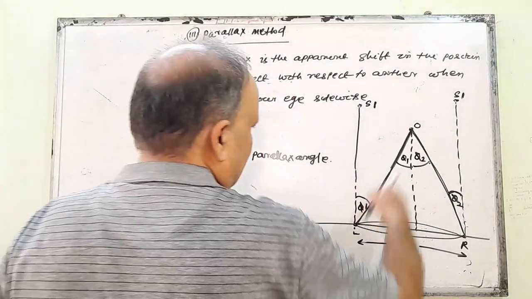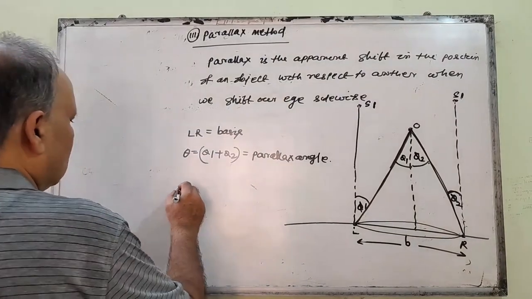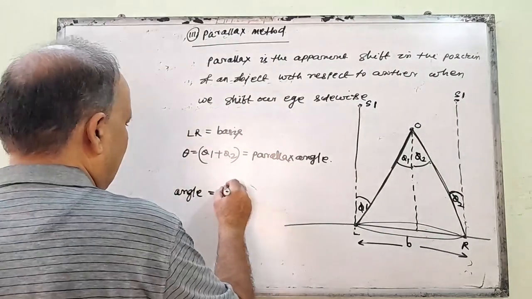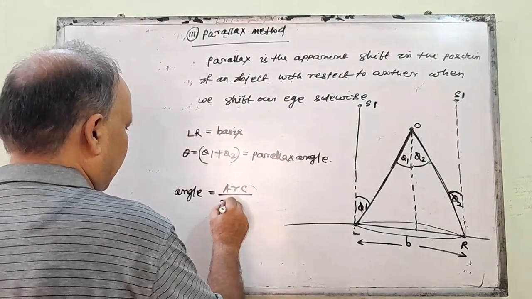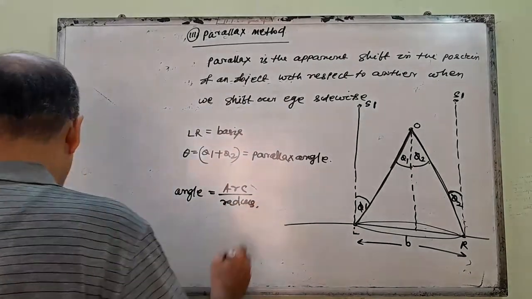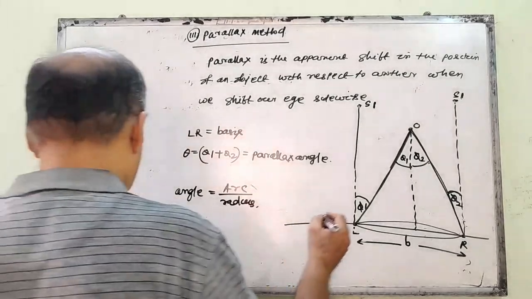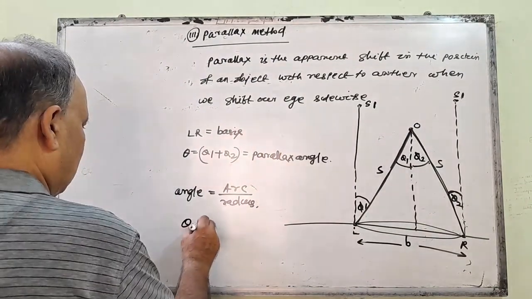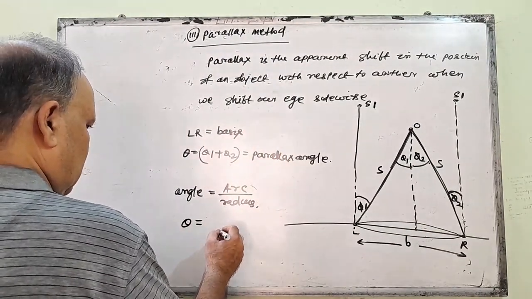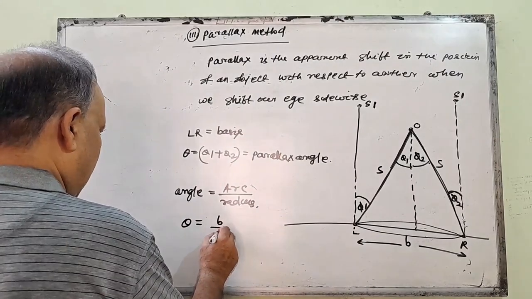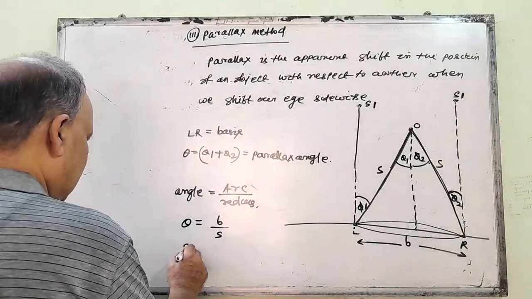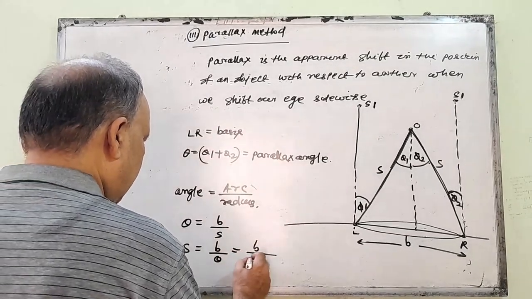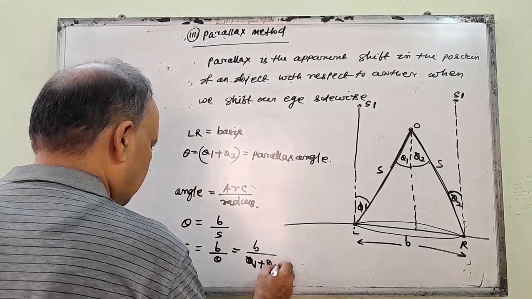So you know this is an arc, like this is an arc. We know angle is equal to the central angle, this is arc by radius. So we can write this is S and this is also S. So theta is equal to what? This is B by S. So S is equal to B by theta, that is equal to B by phi 1 plus phi 2.